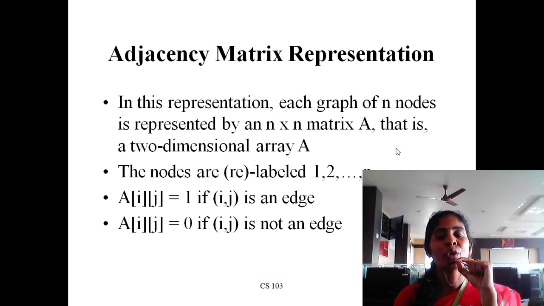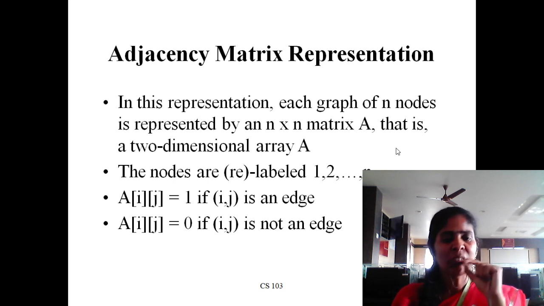If we have four nodes, we have four rows and four columns in our matrix. If we have five nodes, five rows and five columns. The matrix size depends upon the number of nodes available in the graph. Then we are going to see how to fill the matrix.